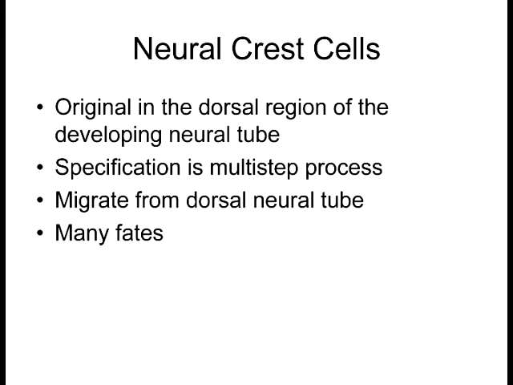So there's a wide variety of tissues that they play a role. They become muscle in the heart. Their potential is huge. So the biggest question becomes, how does this happen, and why are these only in vertebrates and not in invertebrates? This is a very big evolutionary question as well.